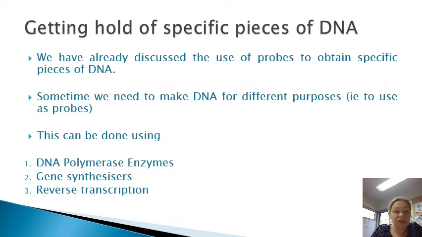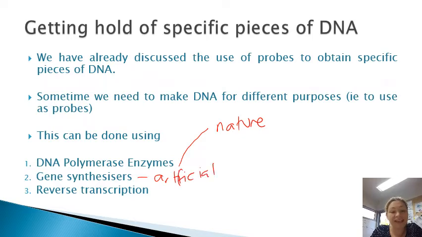We can use DNA polymerase enzymes, and they make DNA. DNA polymerase enzymes are what our body uses to create more copies of DNA normally. We can extract and use those enzymes outside of the body too to make more copies. We can use gene synthesizers, which are an artificial way that we can make more copies of DNA.